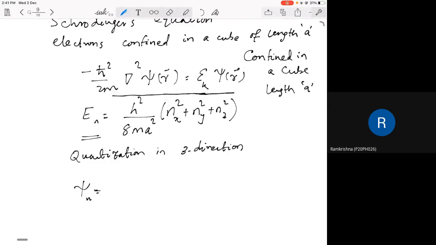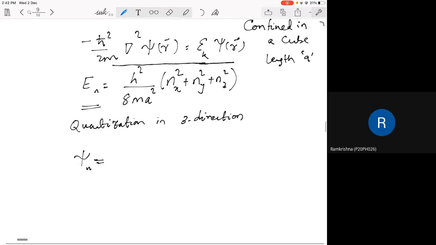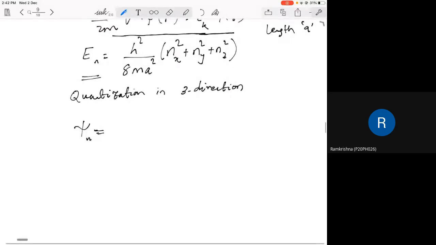And what will be the wave function? How do I write down the wave function?